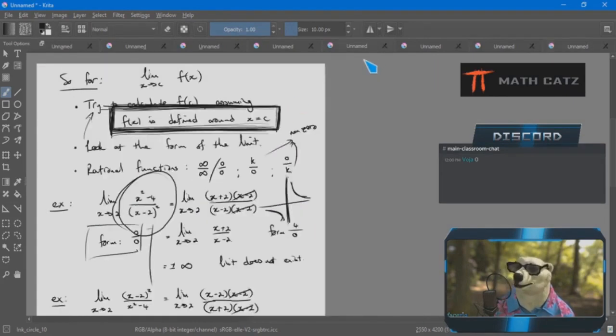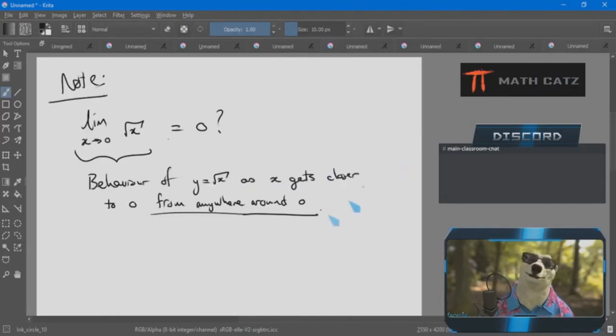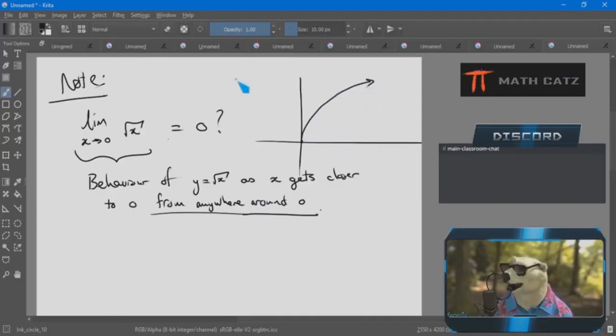It's the same as this. I need to be in my original behavior question. I need to be coming at the x value from anywhere. But this function and its graph isn't defined anywhere. It's only defined on x greater than or equal to 0.